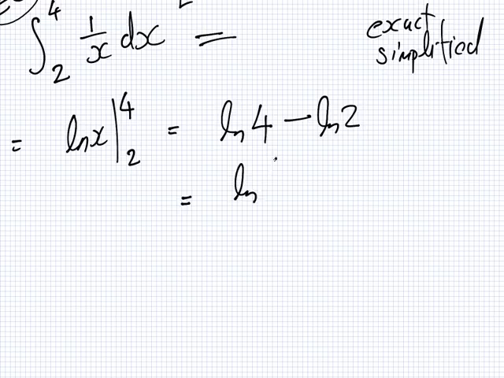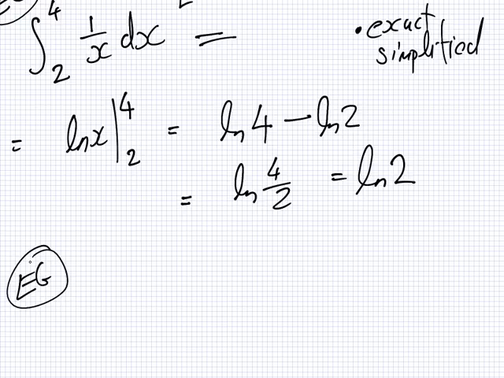This is log 4 over 2, which is log 2. And this is the exact simplified answer here. Log 2 is the answer. No. The word exact means not a decimal. Not simplified. Because 4 over 2 is 2.